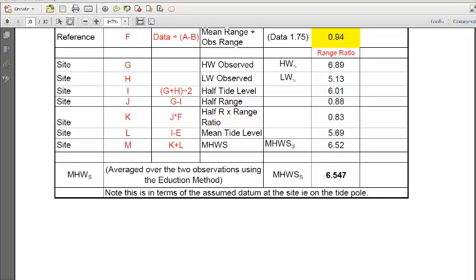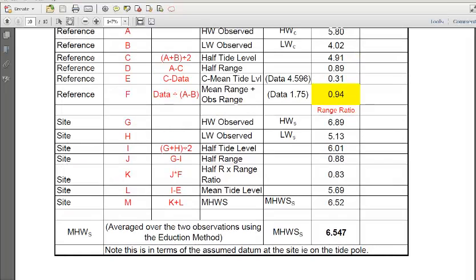So just to recap this situation, we have simulated the data by using the data from the Tauranga tide gauge to produce a set of observations with a slight little random factor in them. We have then used that information and other available information on the same site at two different dates using the adduction method and the range ratio method.